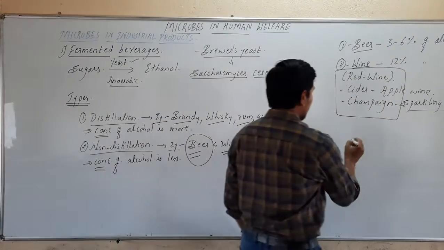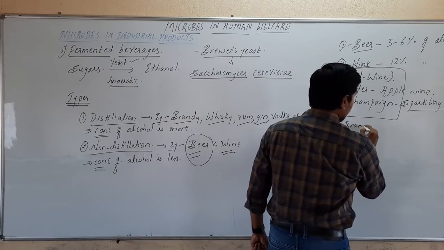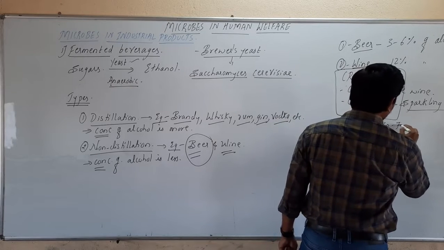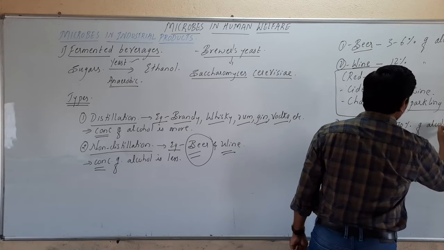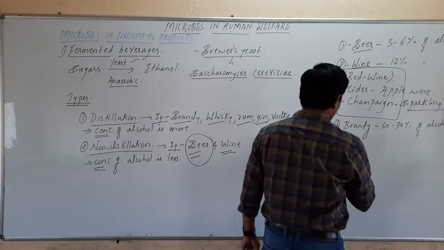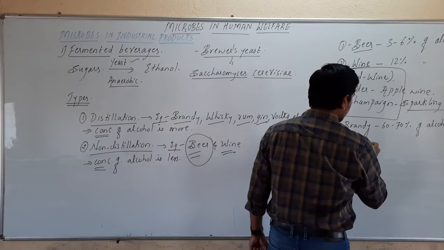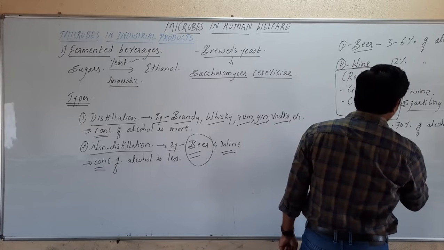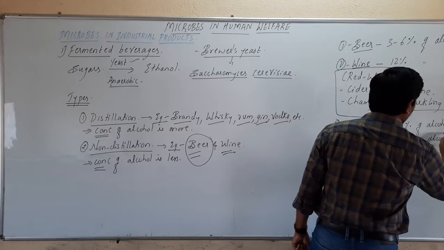Brandy, the next one, contains 60 to 70% alcohol. Then the fourth one is whiskey. Whiskey contains around 60 to 75% alcohol.